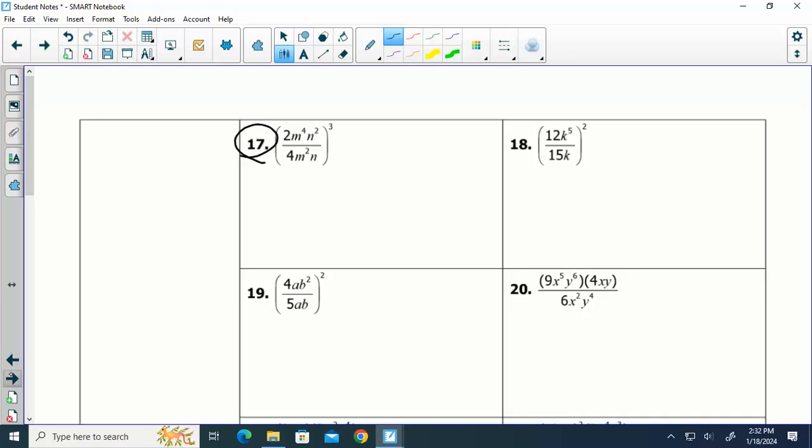Okay. So 2 to the 3rd, m to the, n to the, and then on the bottom, 4 to the 3rd.